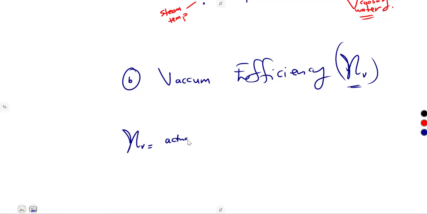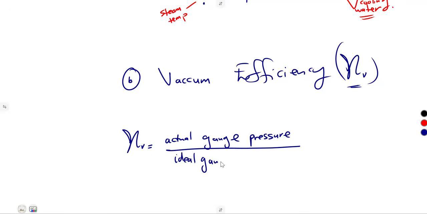Actual gauge pressure over the ideal gauge pressure. Ideal is the one where we do not consider any loss, just perfect. There must be an adjustment that we make from the steam: we have to get rid of the atmospheric pressure.